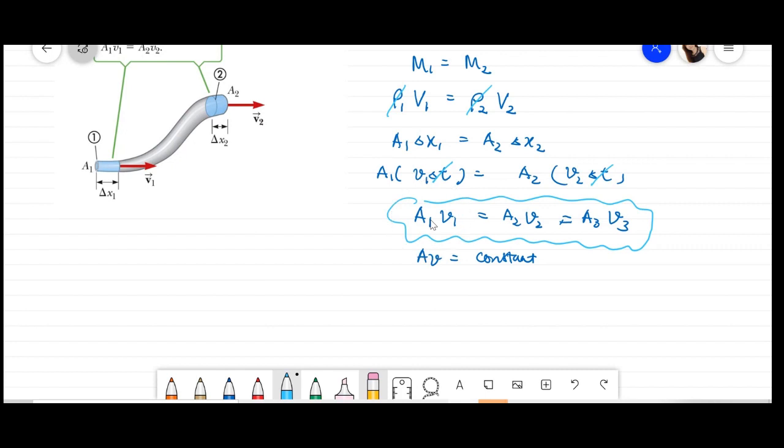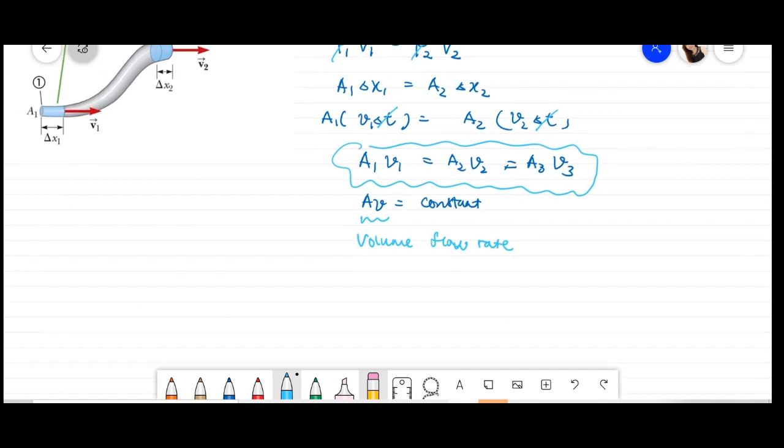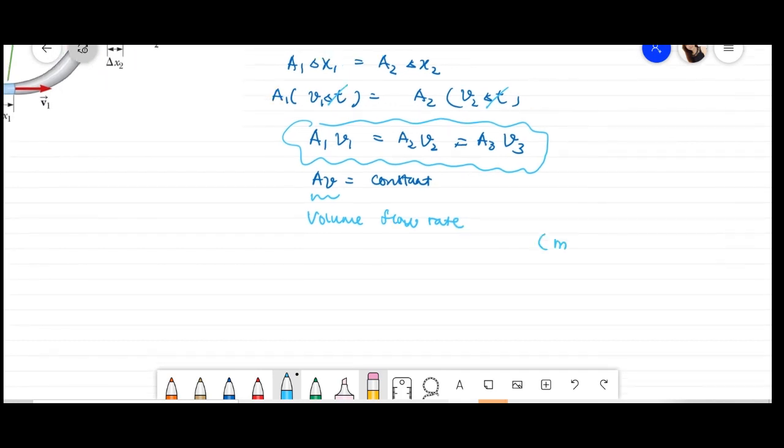So the product of AV, we also call it the volume flow rate, which has the unit of meter cube per second. Volume flow rate, you can either directly write as AV, or you can use the symbol R for rate, or you can use V dot. Small letter v represents the speed of the fluid. This is the speed of the fluid.